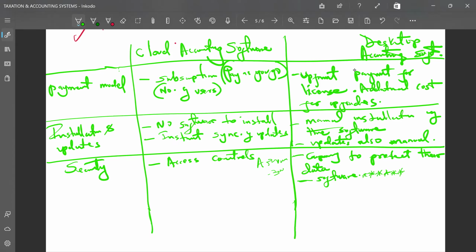But if you're working on a cloud-based accounting software, no one can easily tamper with that information. Any unauthorized personnel cannot access and tamper with it. That data will be safe and protected, and it is under the policy agreement, the license policies from the vendor before you procure their system. You have to agree to these security measures so that they protect your data in their database, because remember, this is a remote database.